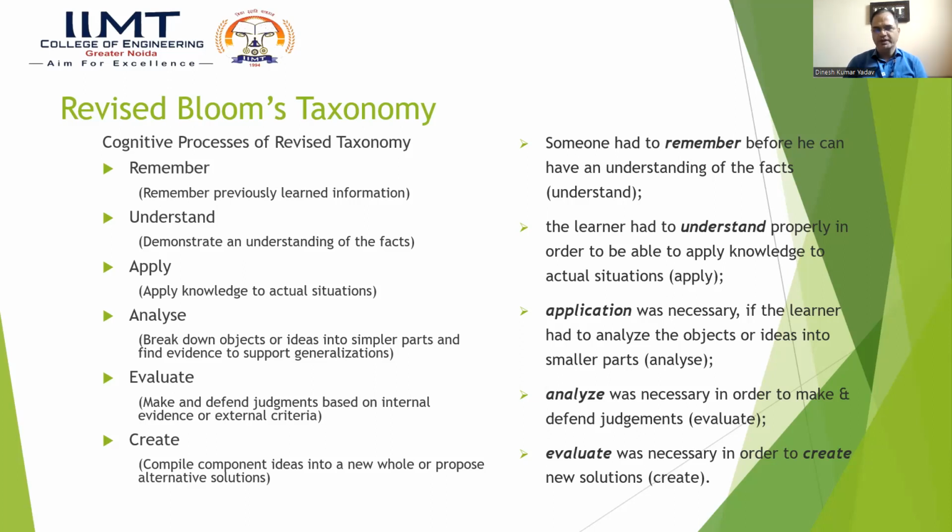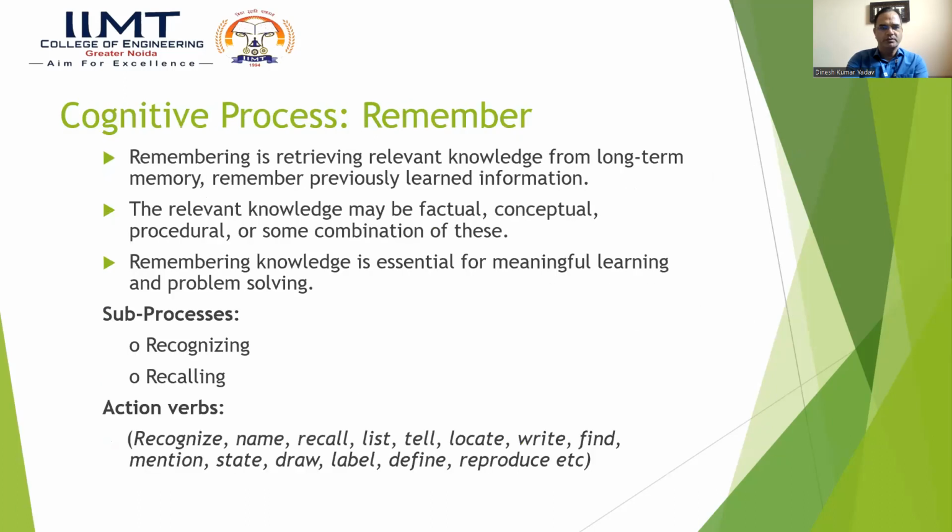So this is the evaluate level. And lastly, once the learner has reached the evaluate level, then only we can expect him to compile component ideas or new processes, or to propose alternative solutions. So evaluate is necessary in order to create new solutions. Now we will see all these cognitive levels one by one, starting from the remember level.